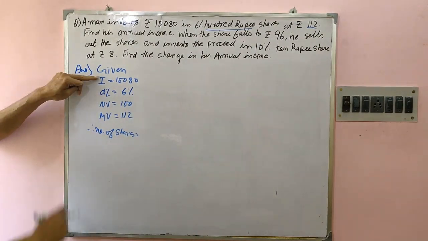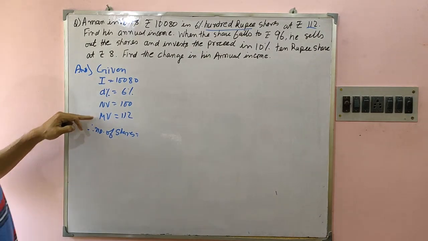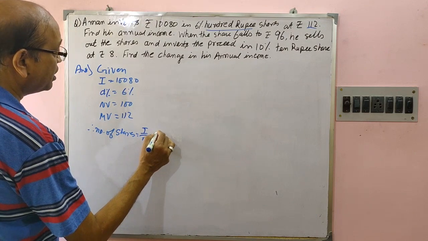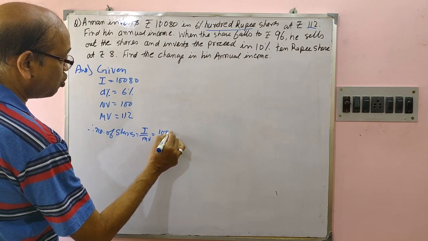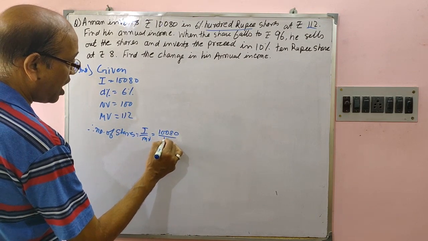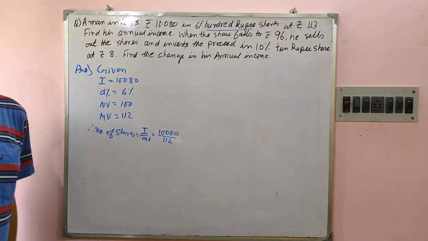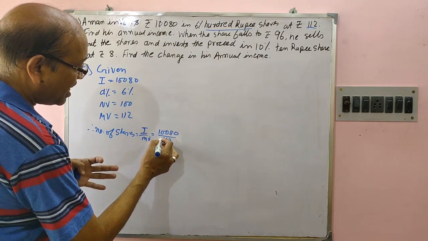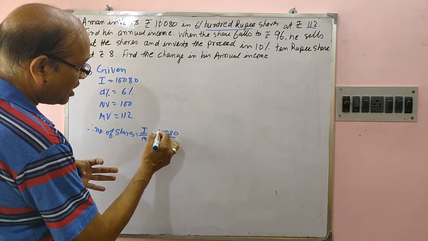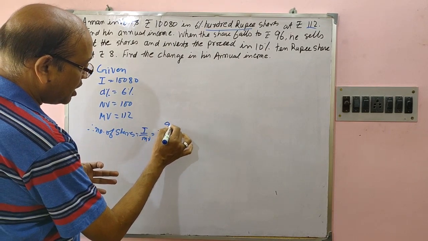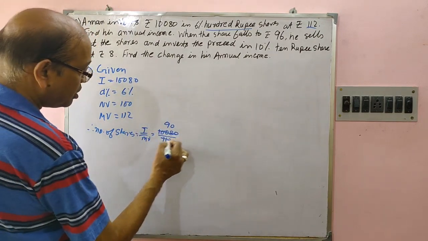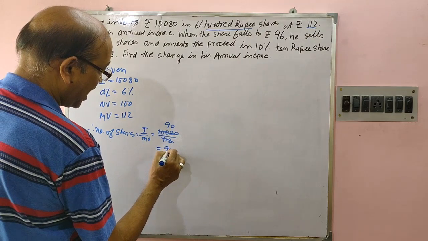Yes, because investment is also given, market value is also given. So investment by market value, that is 10080 by 112, and that comes up to 90 shares. So the number of shares is 90.